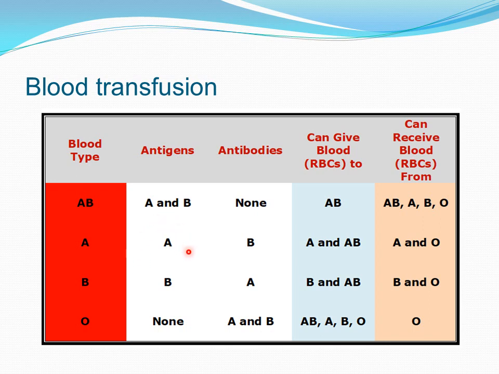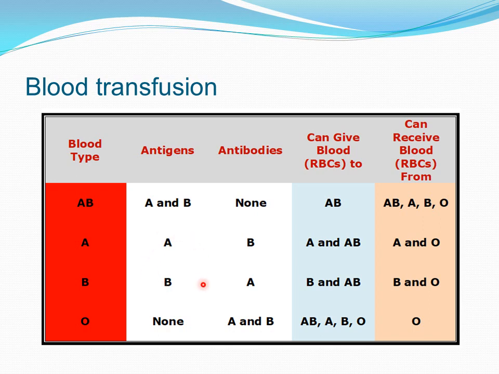The antigens of the donor's blood, that is antigen A, will react with the antibody, and there will be clumping of RBCs. Thus antigen A present in the RBCs of blood group A reacts with the antibodies in the plasma of the blood group B individual, and vice versa.